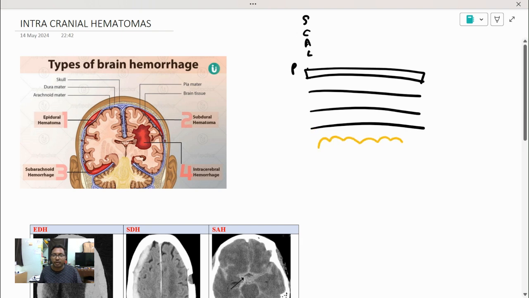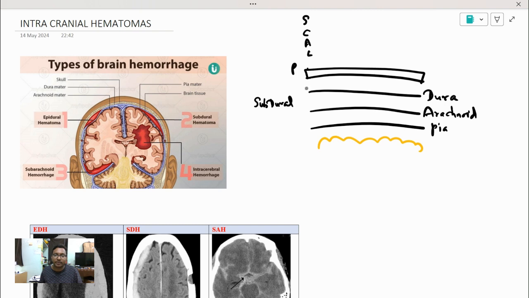So let's say for example you have brain parenchyma here, and these are your layers, nothing but your pia matter, arachnoid matter, and dura matter. And as you can see, beneath the dura, this will be your subdural space.